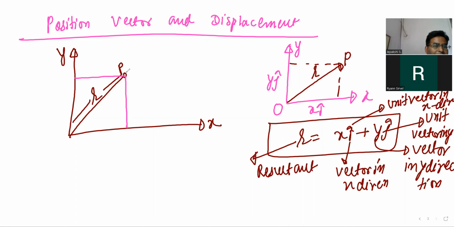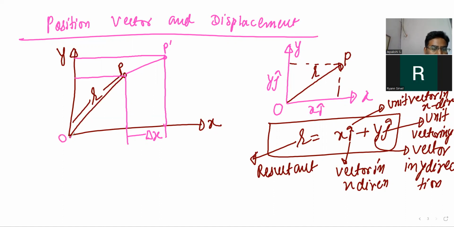Suppose this point moving from P to some point P dash, right? Join this one and this one, right? So this is your suppose initial position, that is x, right? So change in x is given by delta x, and this will give the resultant change, right?